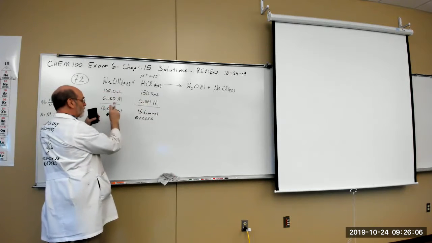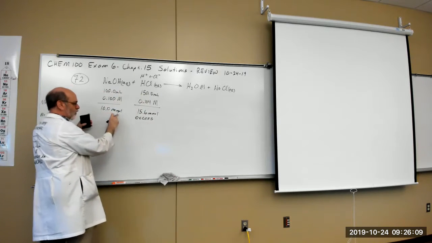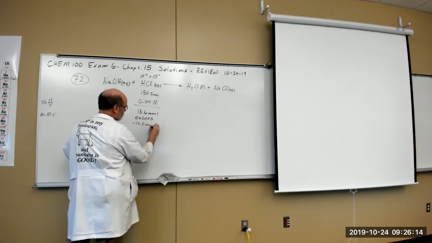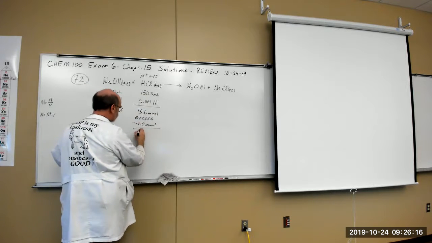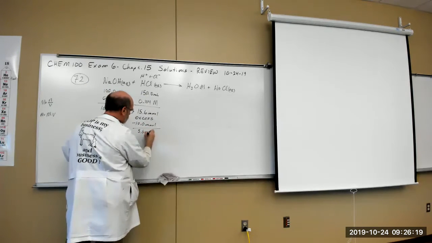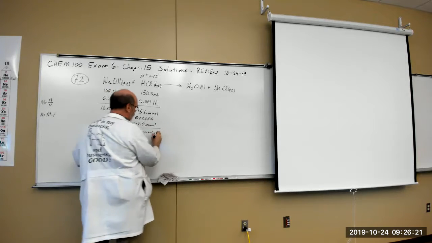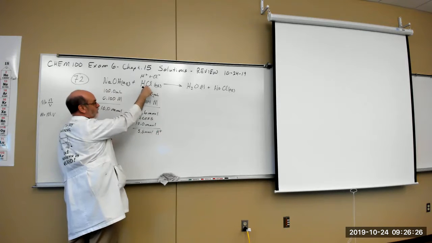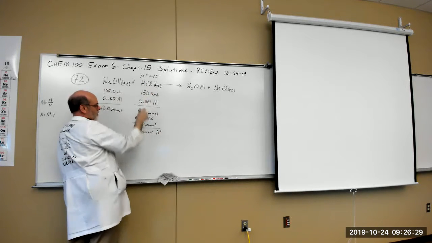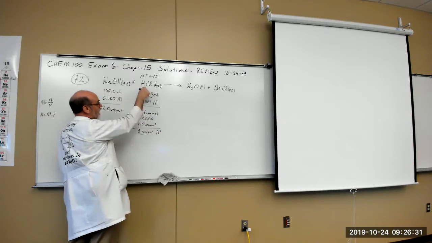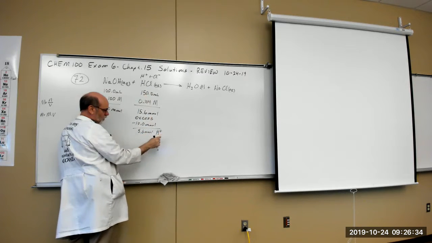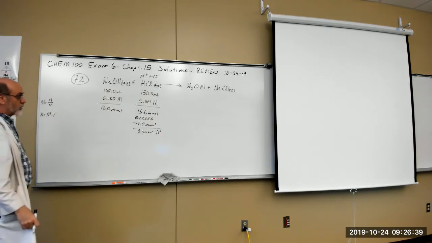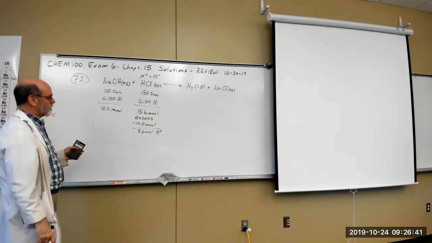Well, if it's 1-to-1, 10 millimoles will be used up and leave us with 5.6 millimoles of hydrogen ions, because it's 1-to-1. This many millimoles of that is this many millimoles of that. So now we know how many millimoles of hydrogen.